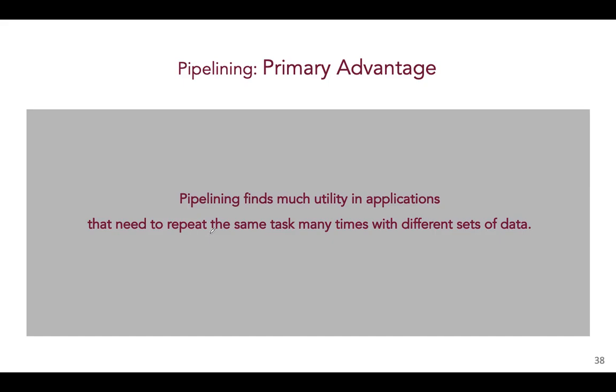If you have an application where you have to perform the same task but with different data values, we try to perform it using a pipeline because we set up a circuit in advance depending on what kind of operation we are supposed to perform, and then we keep feeding the pipeline different values, and it will perform the same operations for which it has been designed, and it will give us the results in a very efficient manner, more efficient than what would have been possible using a non-pipeline system.